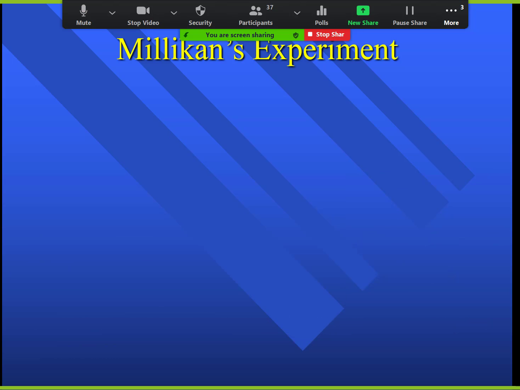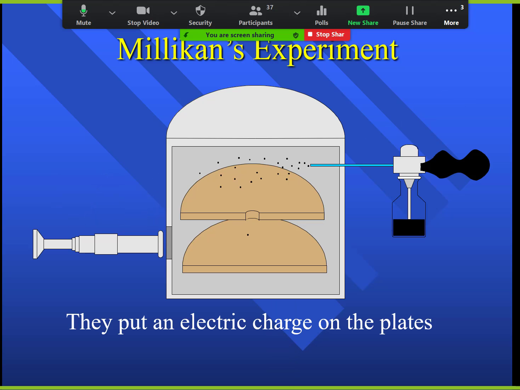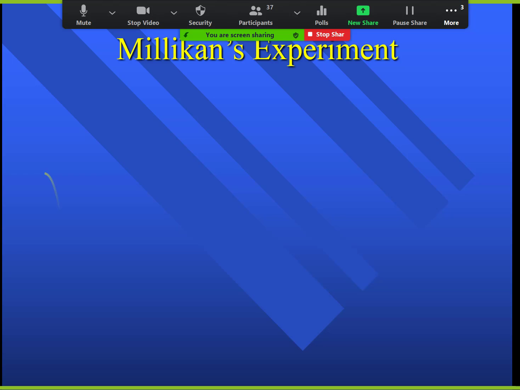Well, as the oil drop falls and the X-ray hits it, the oil drop gets a positive charge because the negative piece goes flying off. So now we've got little tiny oil drops falling straight down with a positive charge.